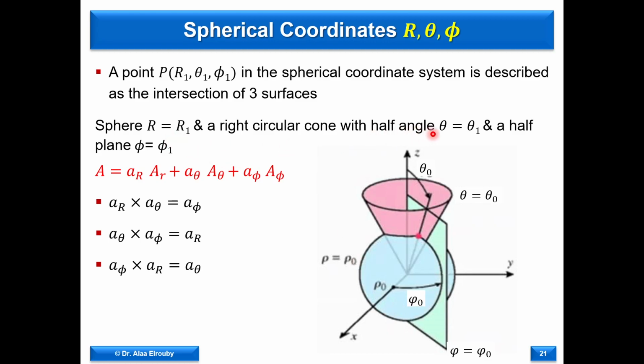The intersection between theta equal theta 1 and phi equal phi 1 is this line here, which is in this plane. The spherical coordinate system is the hardest to draw, but you need to gain this skill: how to visualize and understand the position of a vector or a point in the three coordinate systems, how to draw the unit vectors, and how to express their directions. Those are very important skills.